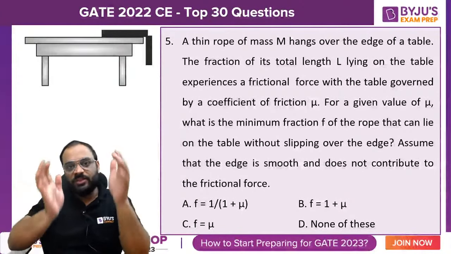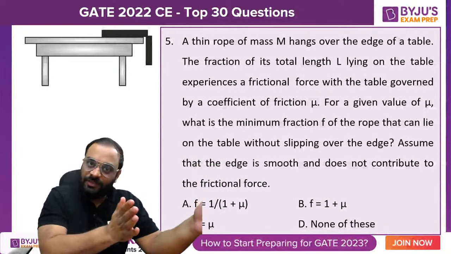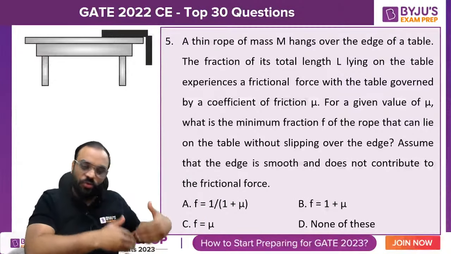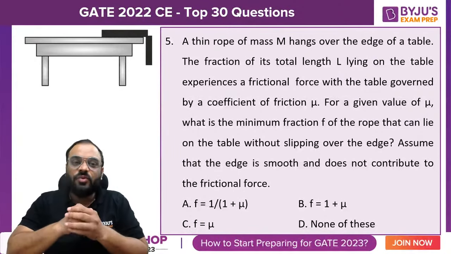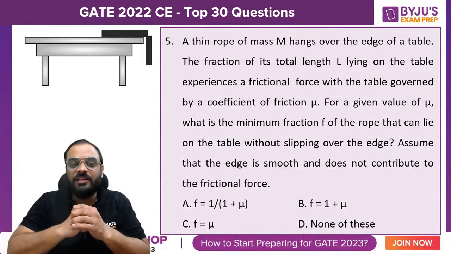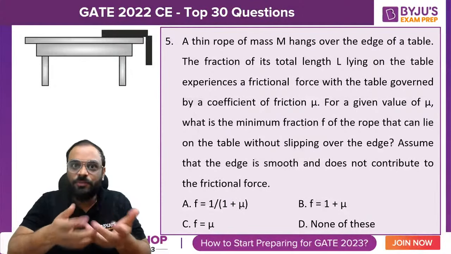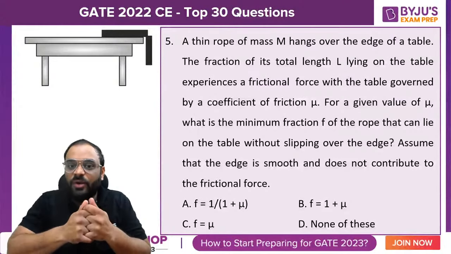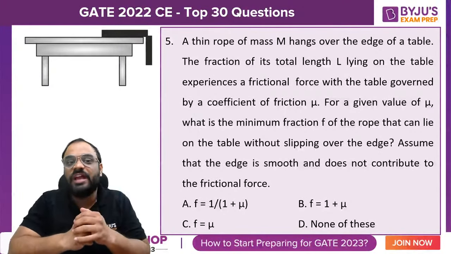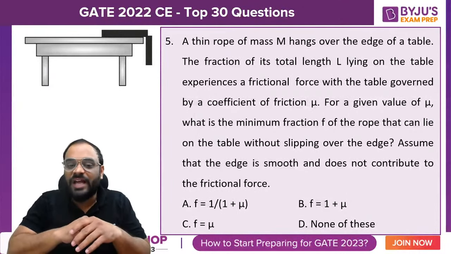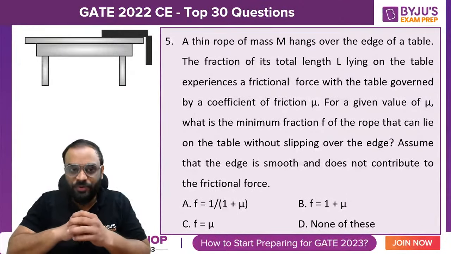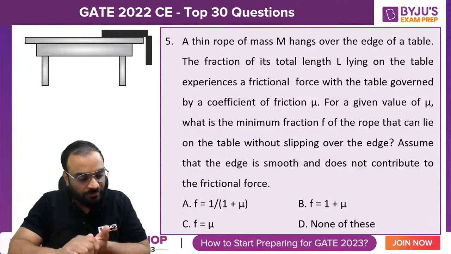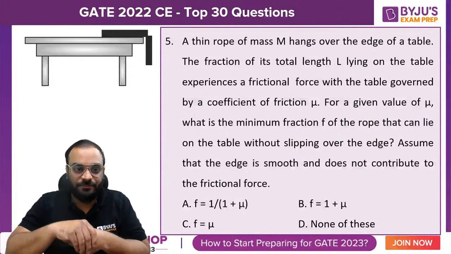Some length of the rope is placed over the table, and some length is hanging over it. So what will happen? It may be possible the rope can slip, or it may be possible the rope can be stable. So you need to find out the minimum fraction which we have to put over the table so that it cannot slip over the edge. That is the question.